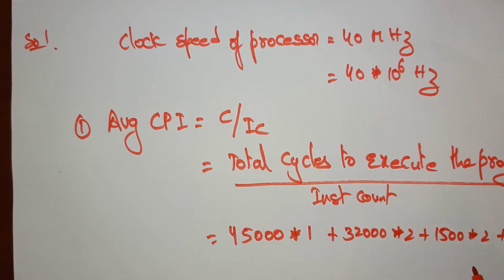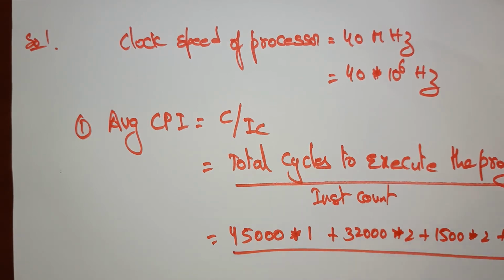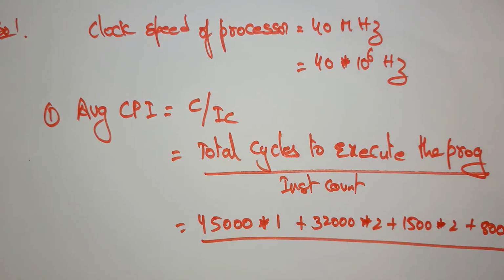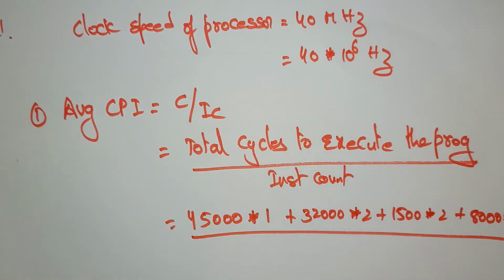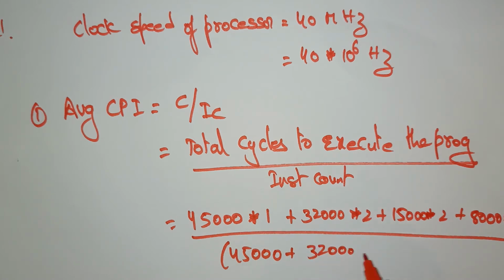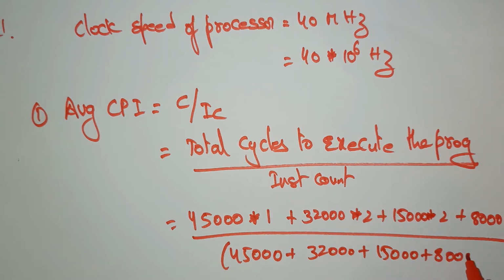This is divided by the instruction count, which is the size of my program, just the size without cycles: 45,000 plus 32,000 plus 15,000 plus 8,000.